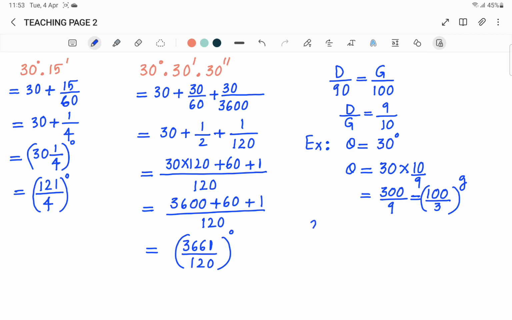Suppose I give the angle as 45 degrees. How do you convert this into grades? You write 45 into 10 by 9. So it will be 5 times 10, so 50 grades. Okay.